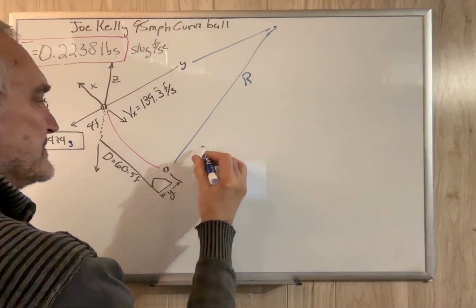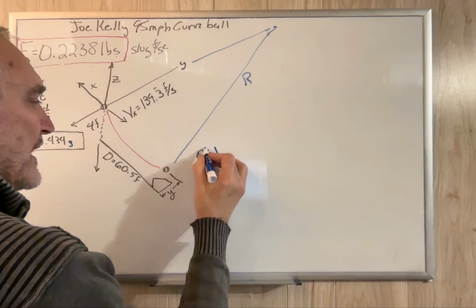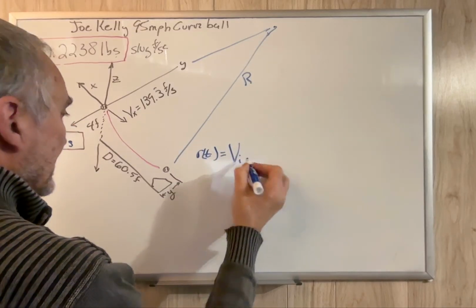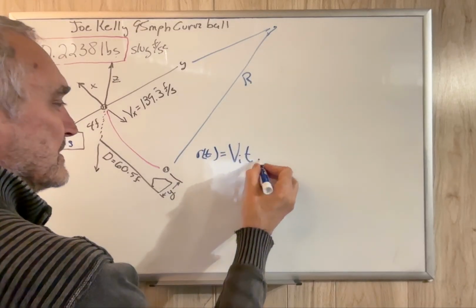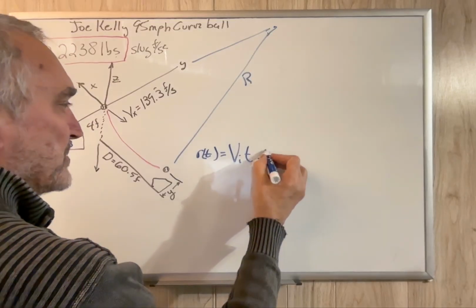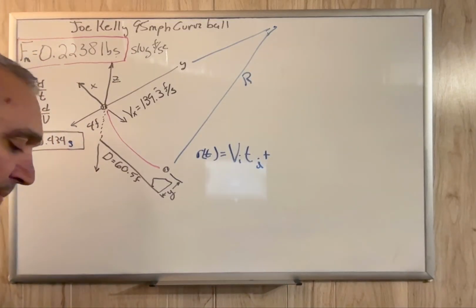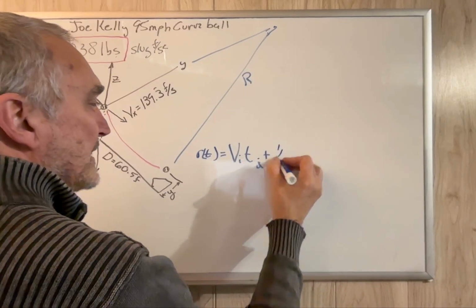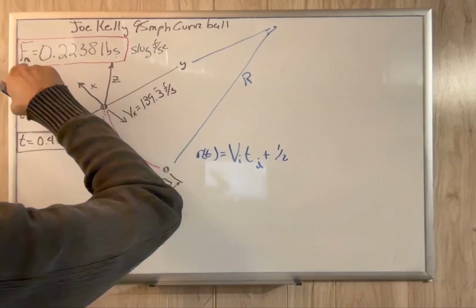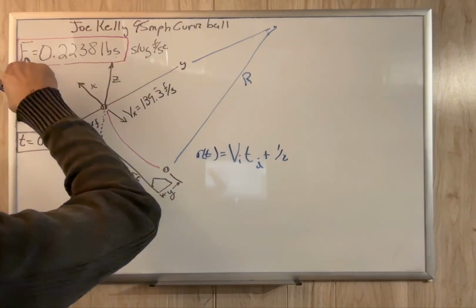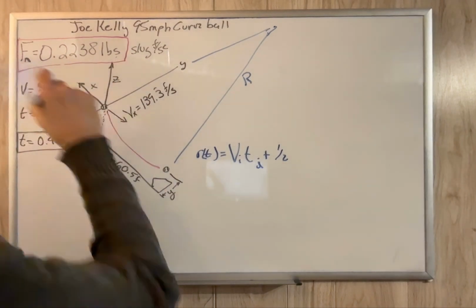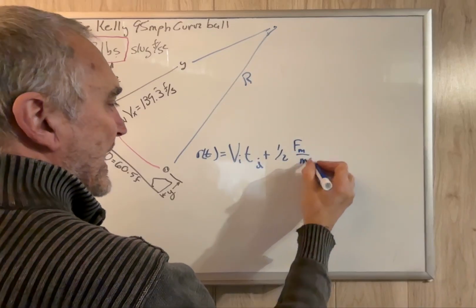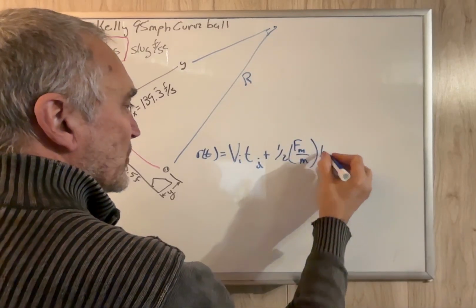All right, so my r(t), I know that in the x direction is the velocity initial in the x direction times t, going to be in my i direction, plus what? Well, what's happening in y is in the j direction. In the y direction is going to be 1/2, and my a in this is going to be the Magnus force divided by the mass, times t squared.